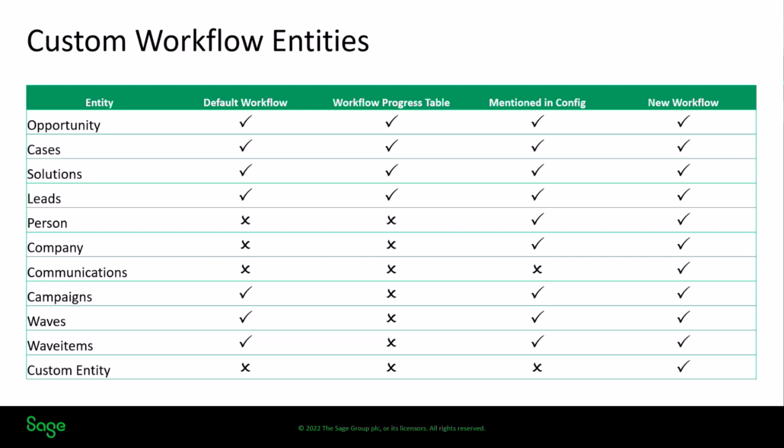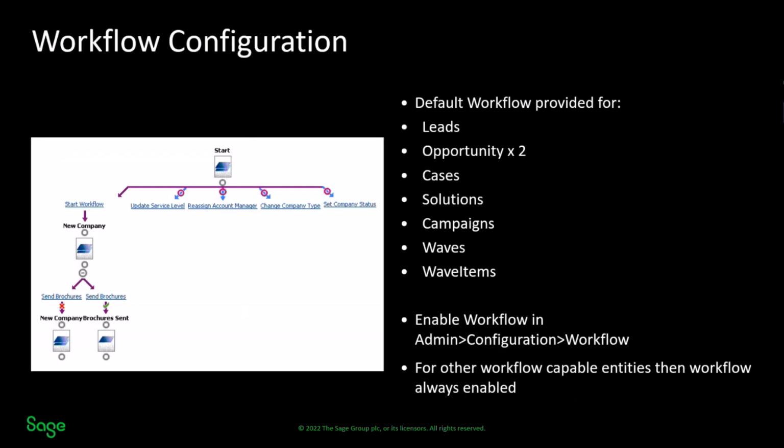As we start to talk about the different types of behavior, you'll see why certain entities don't have particular types of behavior automatically defined. So I'll explain why we don't have an out-of-the-box person, company, and communications workflow as we go through. Well, let's have a look at the idea of workflow configuration.